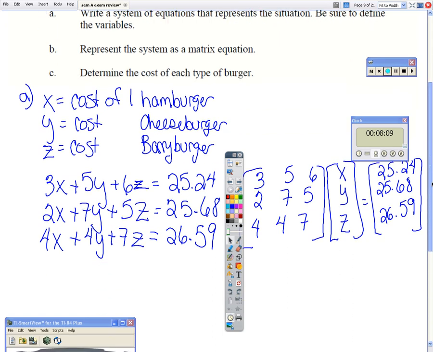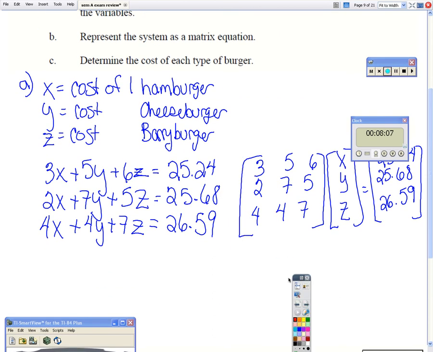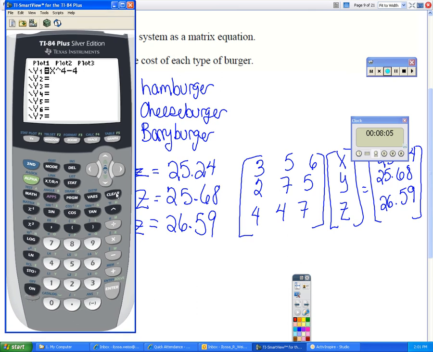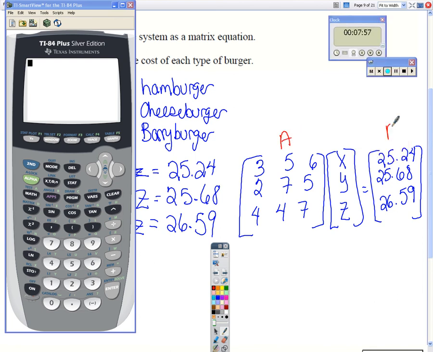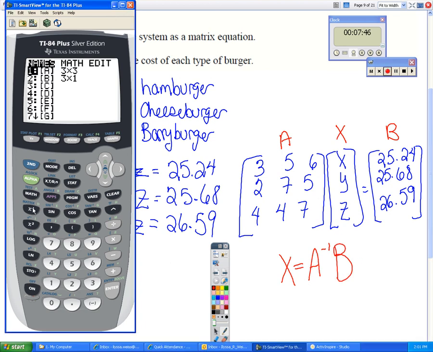So now we need our calculator to solve this matrix equation. I'm going to put this matrix in A, and this matrix in B. So when we go to solve, our variable matrix here, X, is going to be A inverse times B. Over to edit. It's a 3 by 3.